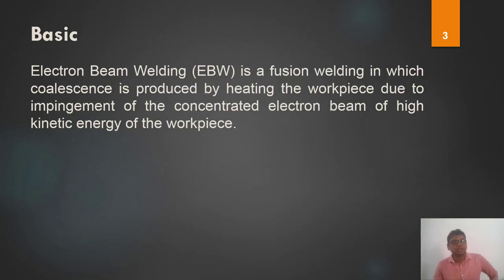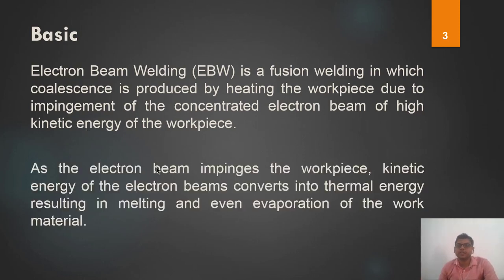What happens is that an electron beam which is accelerated at very high speed is allowed to fall over the job surface. The whole kinetic energy is converted into heat energy, and in this way the point there melts.